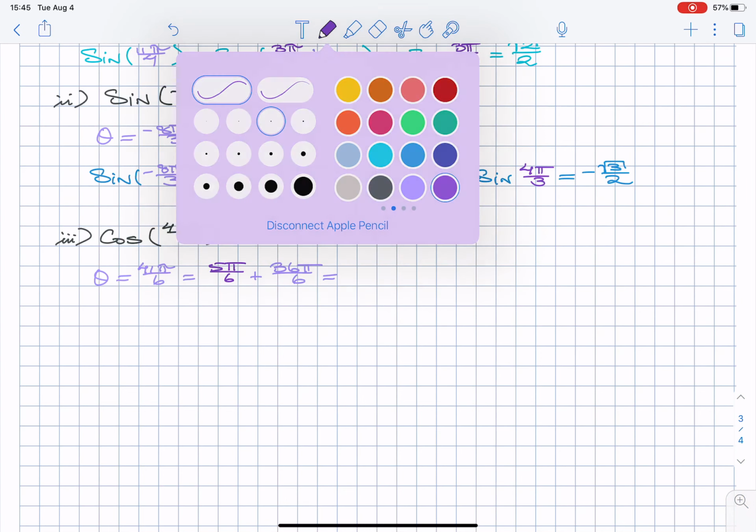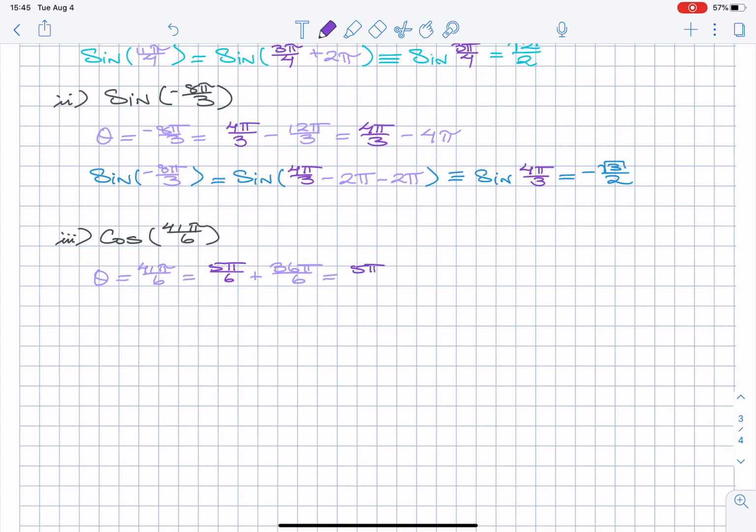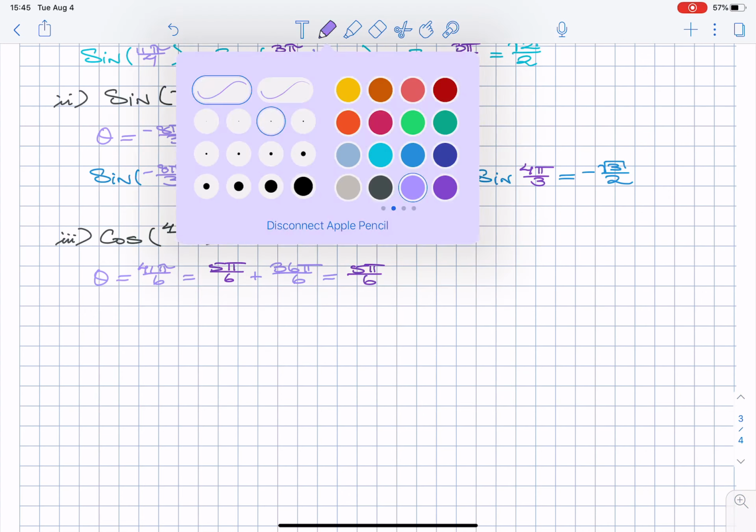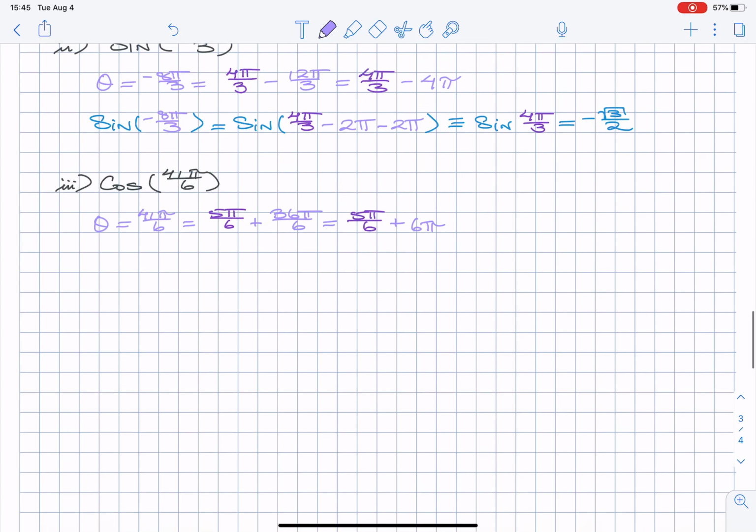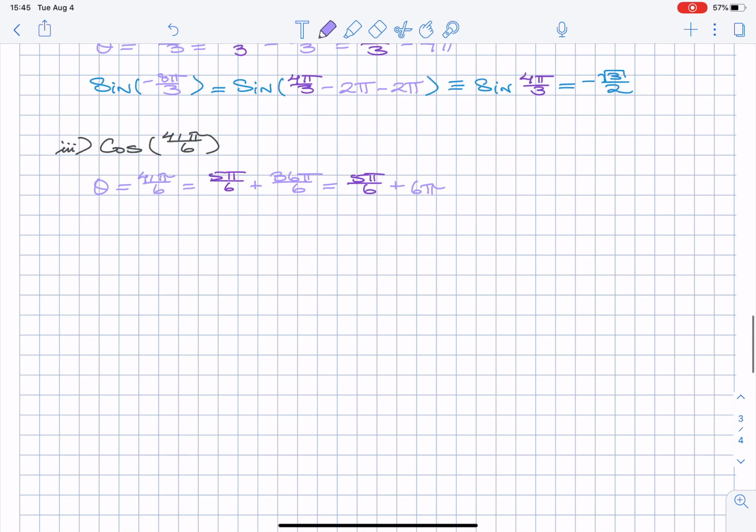Okay, so that's 5 pi over 6. How many times does 6 go into 36? Well, 6 times, right? So that's 3 full revolutions.